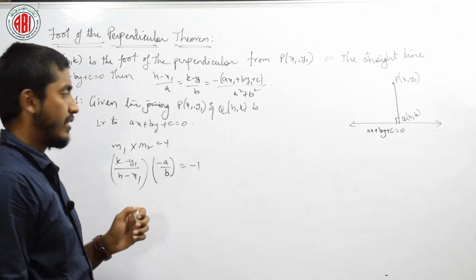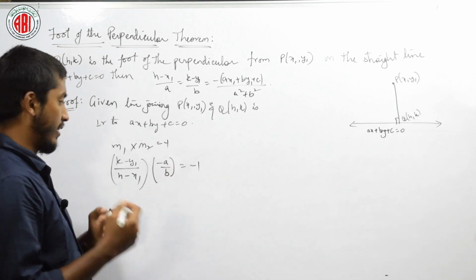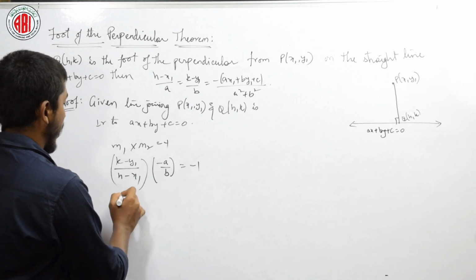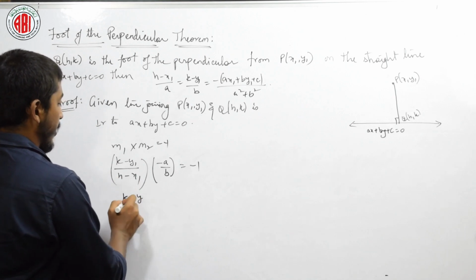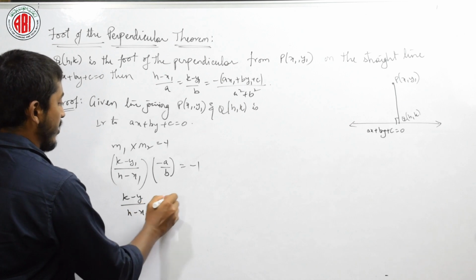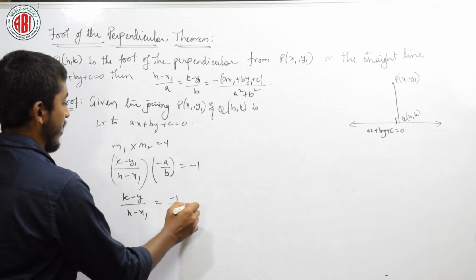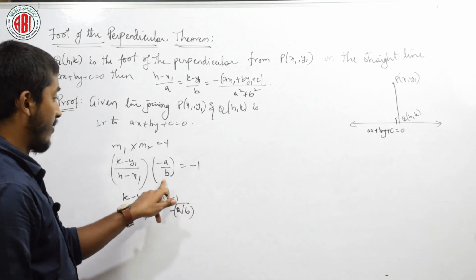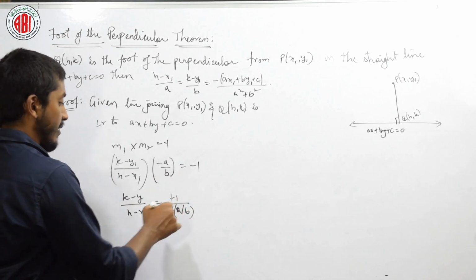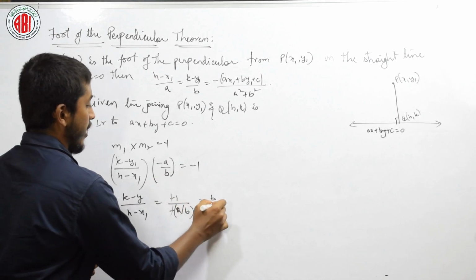Is it clear? Let us simplify that. Here (k - y1)/(h - x1) = -1/(-a/b). Minus minus get cancelled, it becomes b/a.